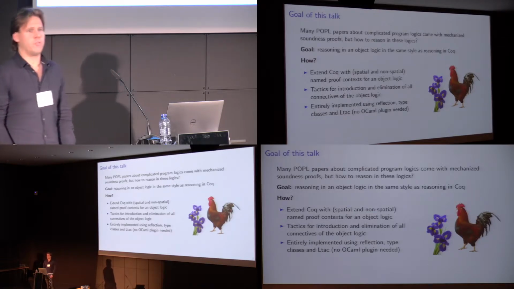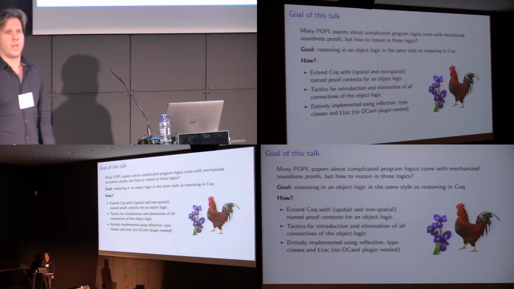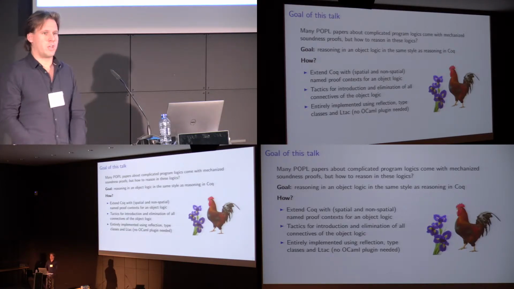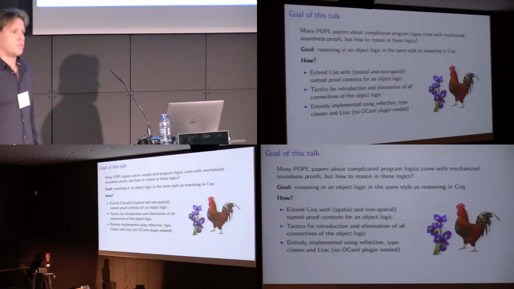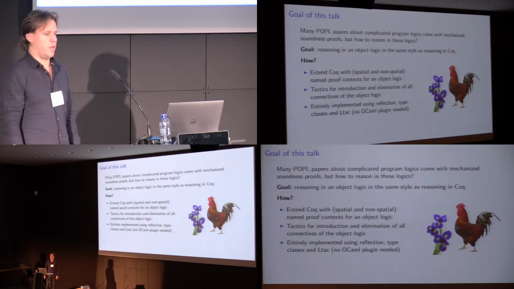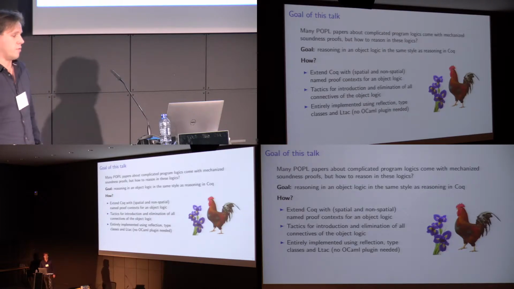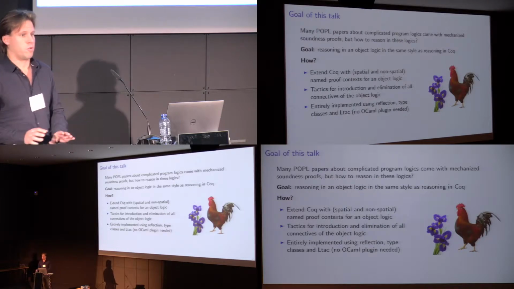I will show you how to implement tactics for induction and elimination of all connectives of that object logic. And I show that this can be implemented entirely in Coq itself. I didn't have to modify Coq at all for this. It can all be done with features that Coq already has, namely reflection, type classes, and its tactic language, Ltac. There's no need to write any plugin or to modify Coq at all.